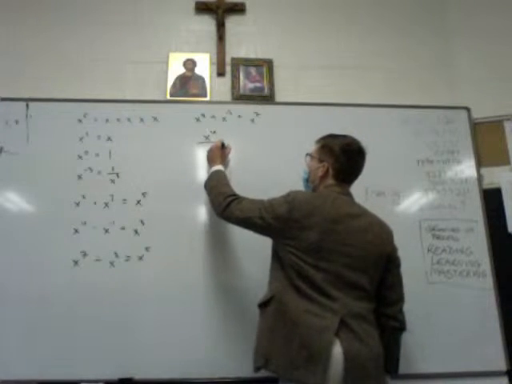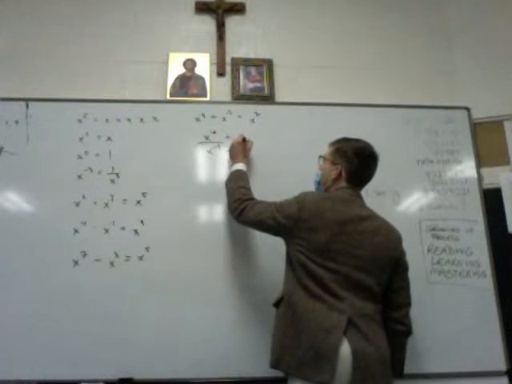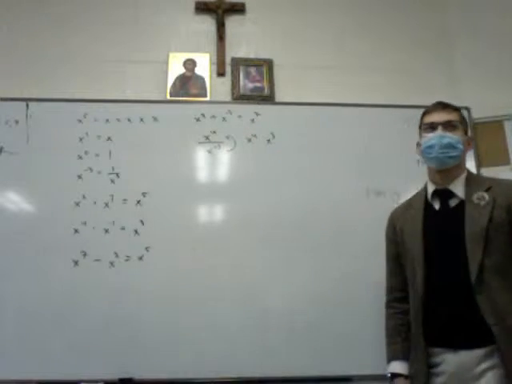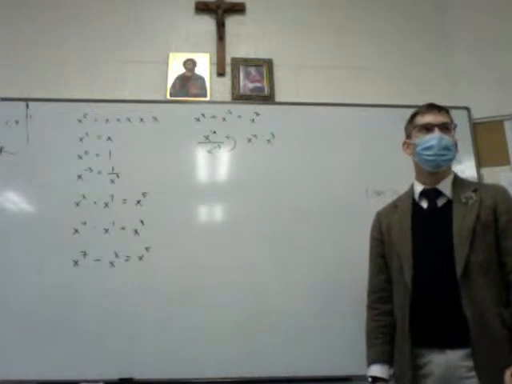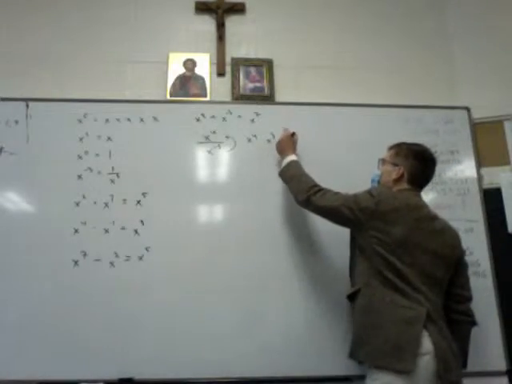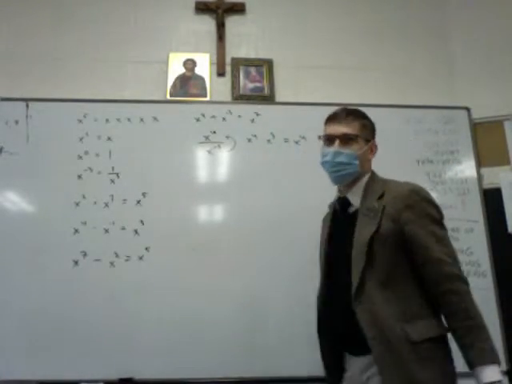So we flip the sign on this x to the negative 3 and bring it to the top, and then we have x to the fourth times x to the positive 3, which gives us x to the 7. Look at that, that's amazing. That is so cool.